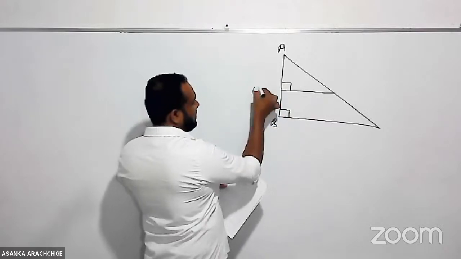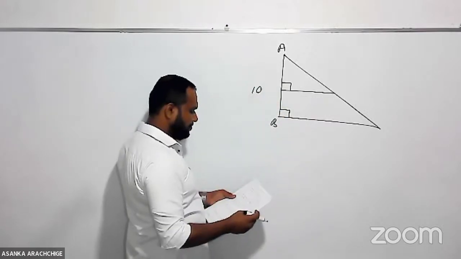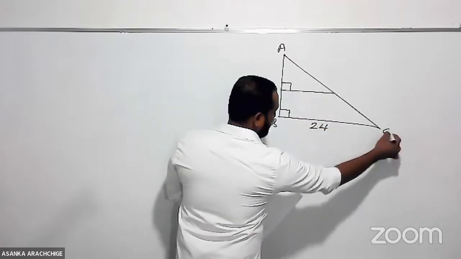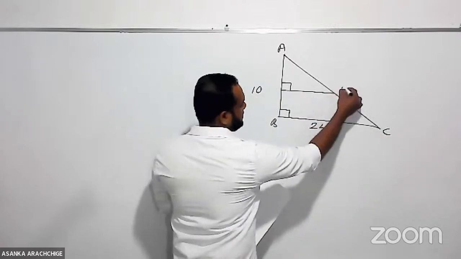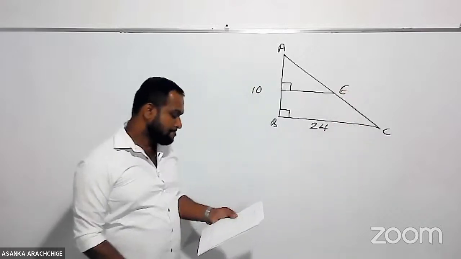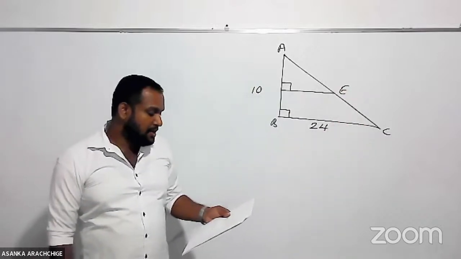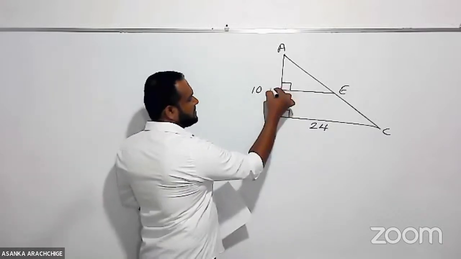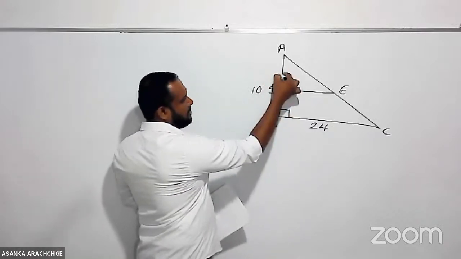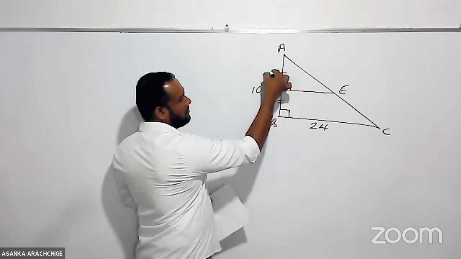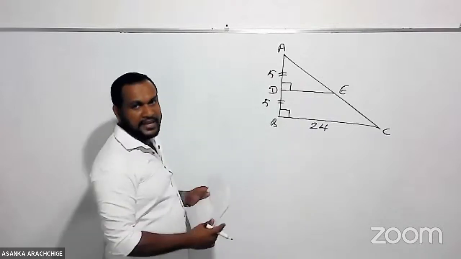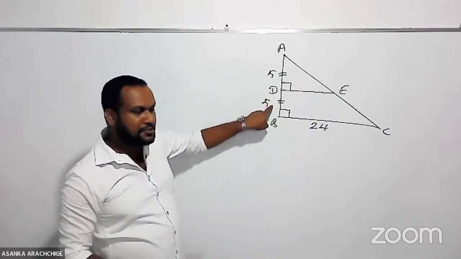The length of AB is 10, BC is 24. This is E. D is the midpoint of AB. Then these two are equal, 5 centimeters each.